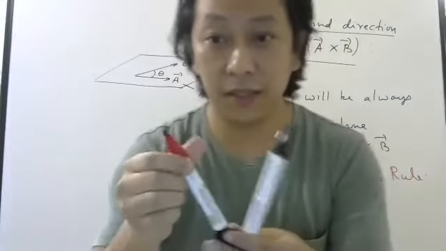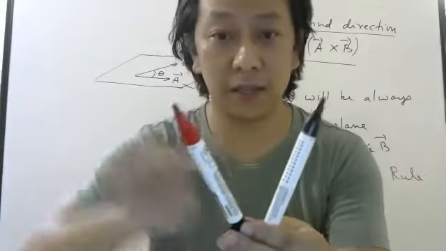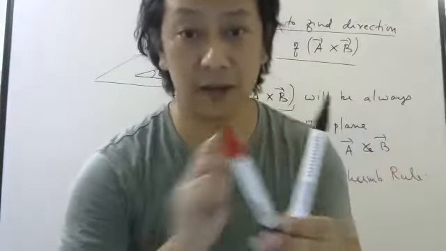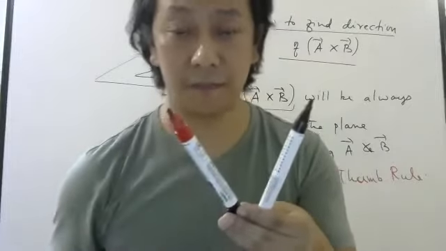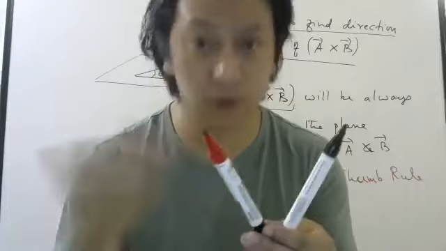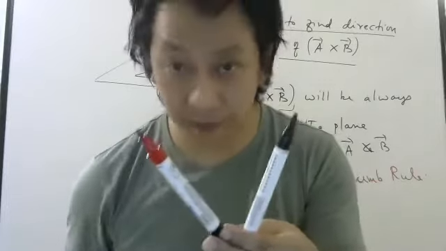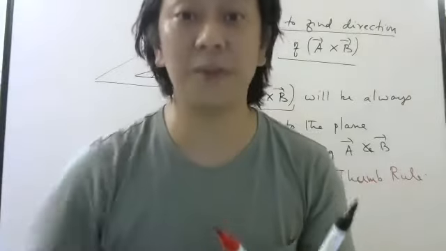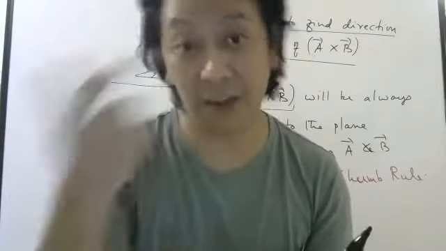Imagine this is your A bar, the red one, and this is your B bar, the black one. I want A bar cross B bar, because that is also a vector.